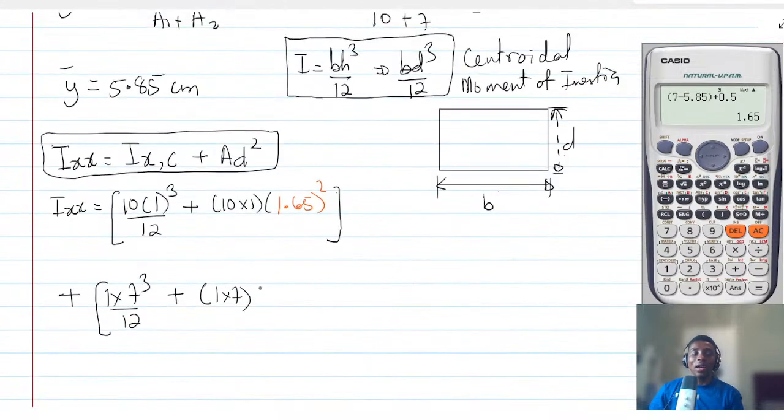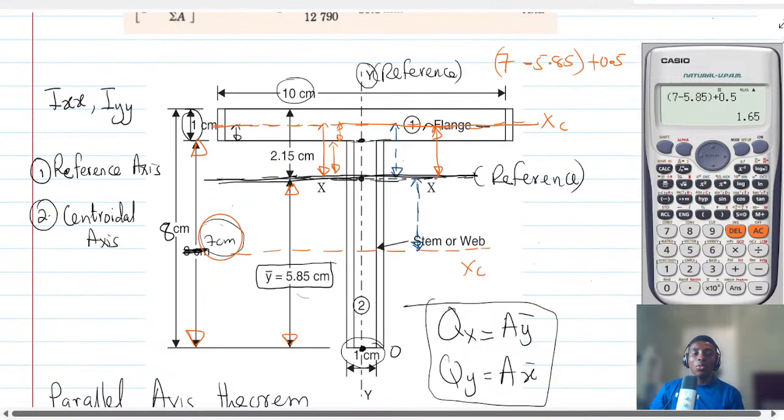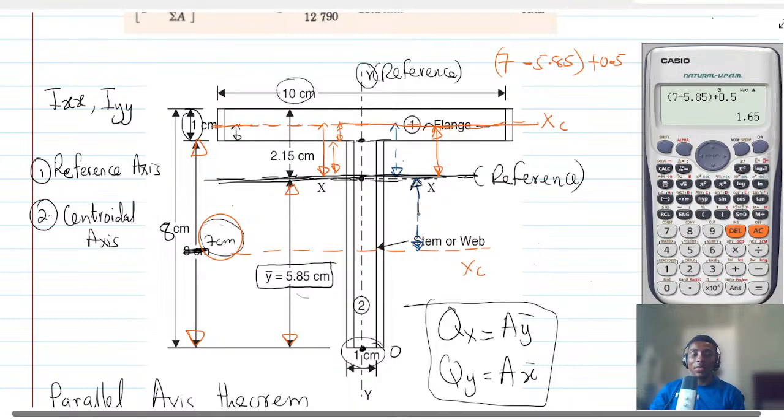Now, who can tell us the d squared for the second area? This distance here, who can tell us from here to here?